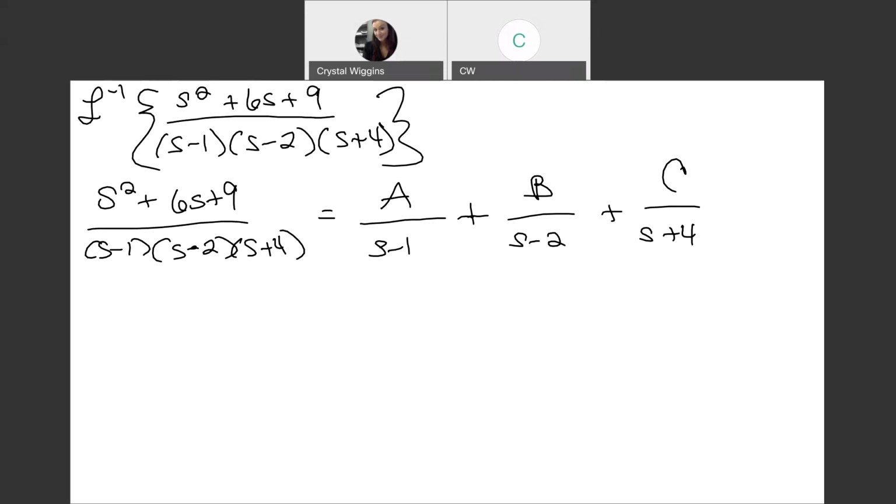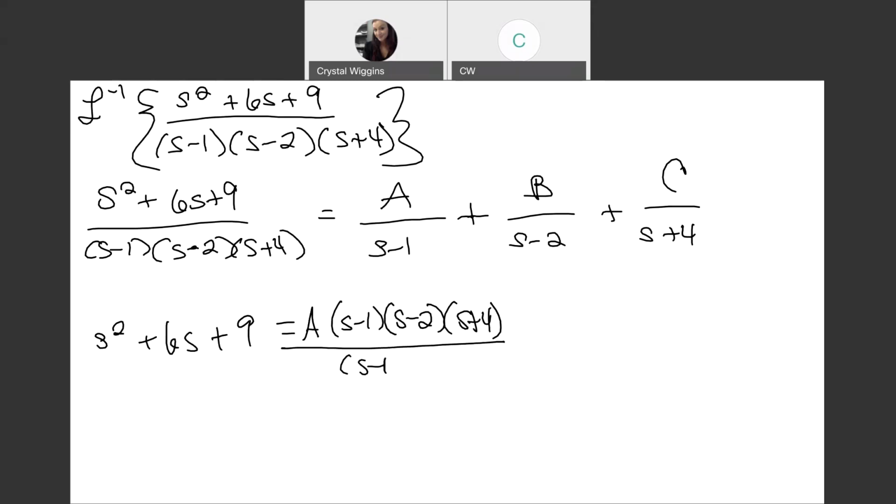So now what we want to do is multiply by the common denominator all the way across the board. So we're multiplying by s minus 1 times s minus 2 times s plus 4. And if we do that, then what we get is s squared plus 6s plus 9 is equal to a times s minus 1, s minus 2, s plus 4, all over s minus 1.